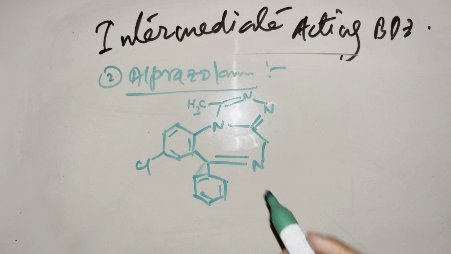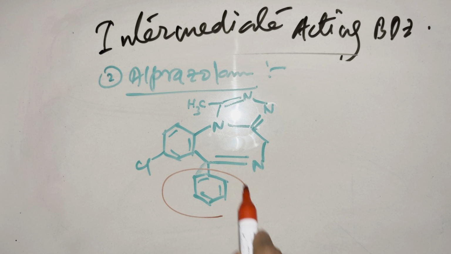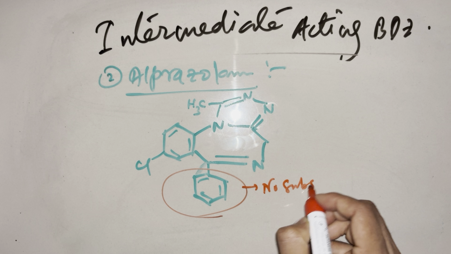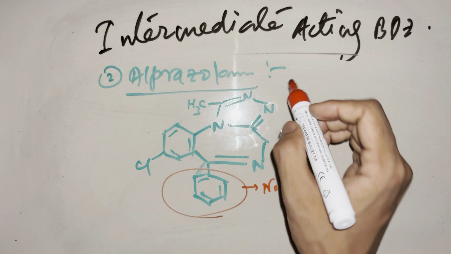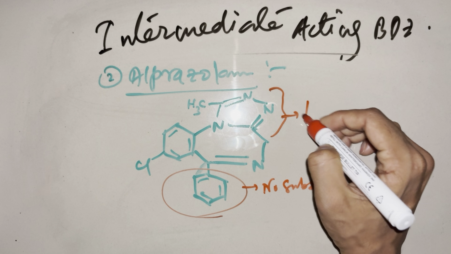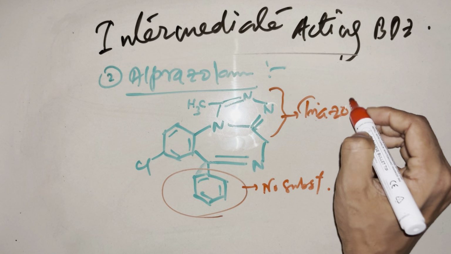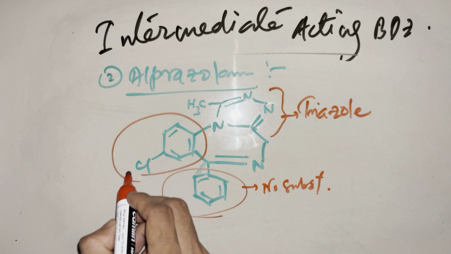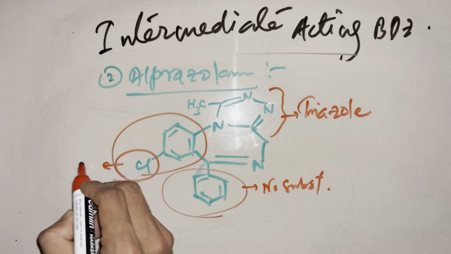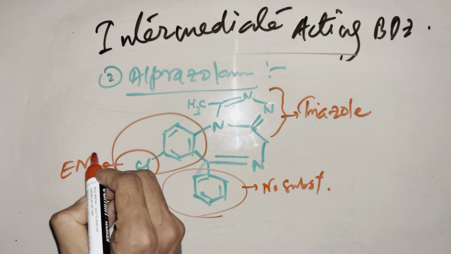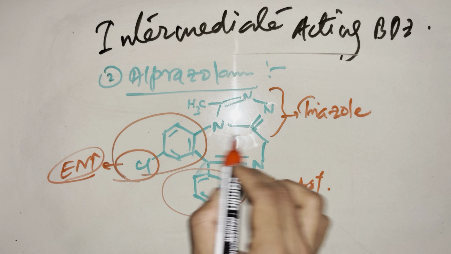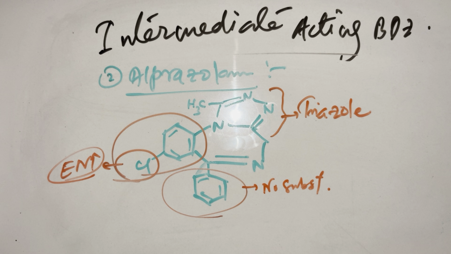So this is the structure. And here you have to remember one thing, that this benzene ring is not substituted. There is no substitution. This structure is called triazole. Here the benzene ring is present as it is. Here a highly electronegative group. This has no substitution. This is the 7-membered ring, and this is the triazole ring.